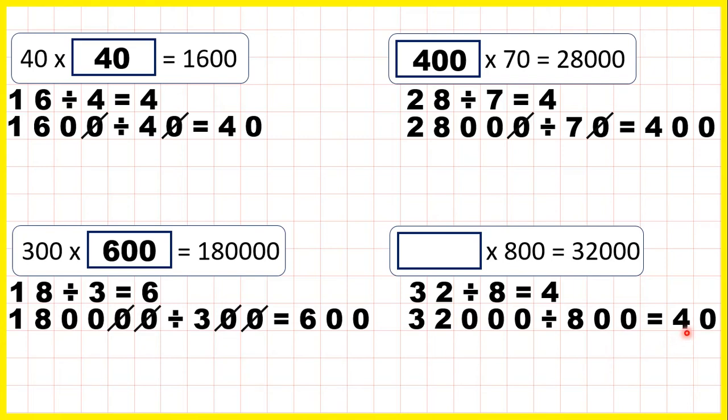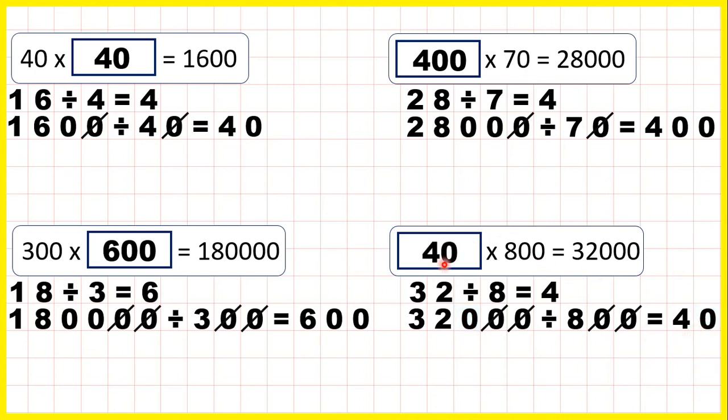Our answer is 40 because we can cancel 2 of the end zeros, so then we have 320 divided by 8. Now 32 divided by 8 is 4, but then we still have 1 end zero in the dividend, so we need 1 end zero in the answer.